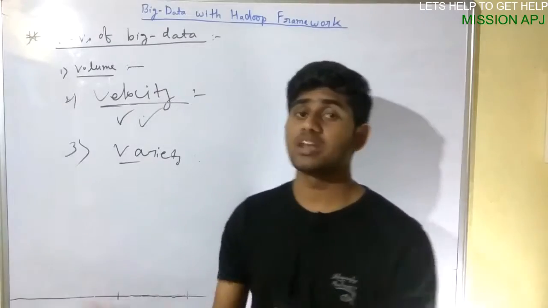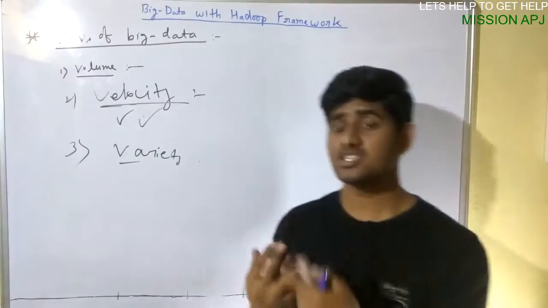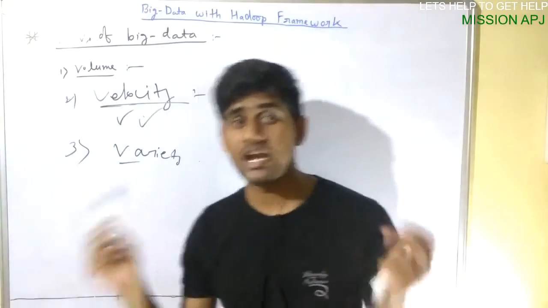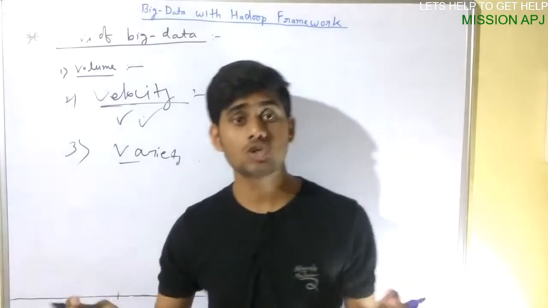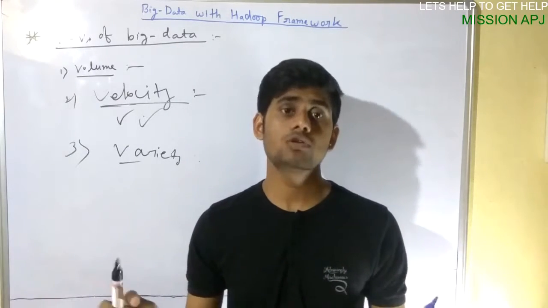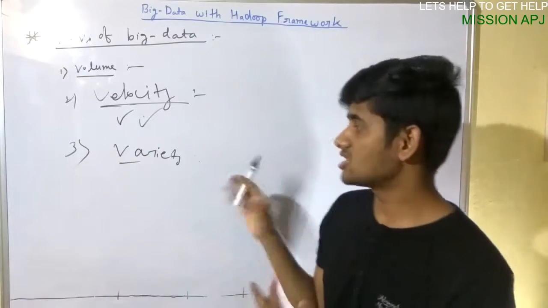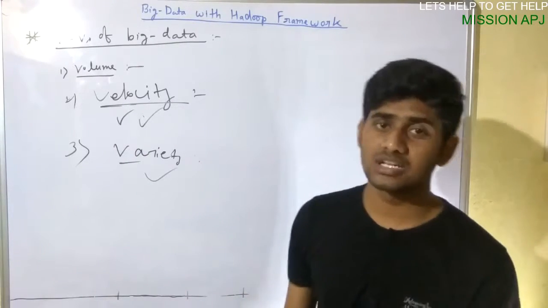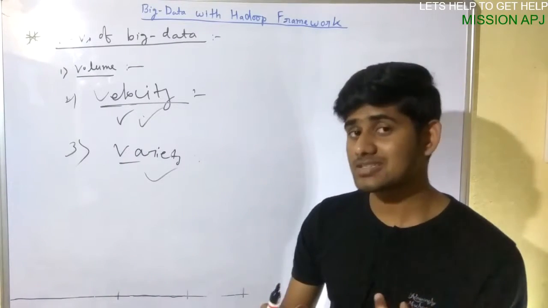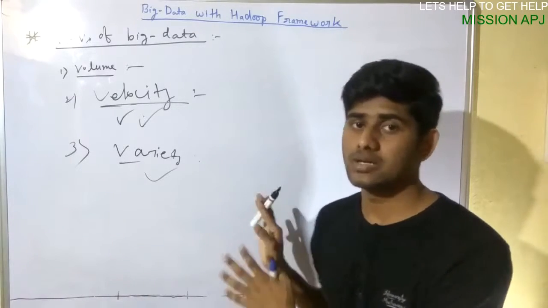These are all a combination of different varieties of data, like structured, unstructured and semi-structured. So the huge variety of data generated in bulk amount is big data.